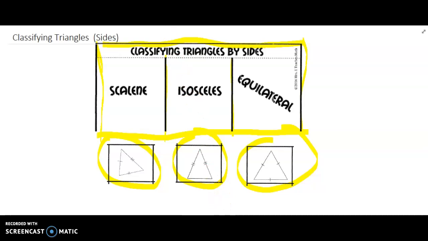But before you can get the right things under it, we need to go over the definitions of each of these. So a scalene triangle is a triangle in which all sides are different lengths. Okay, so each side is a different length.